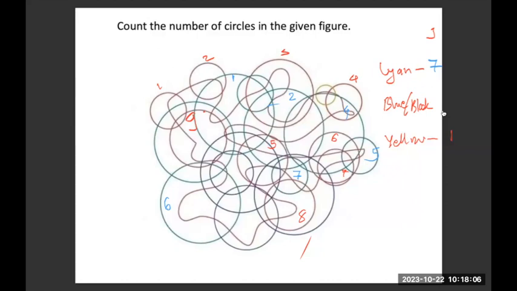Between 1 and 2? Ye wala? Acha, this one. This one you are saying? No, ma'am, the small circle on the top. Yes, yes, yes. This one. So 1, 2, 3, 4, 5, 6, 7, and this will be 8.